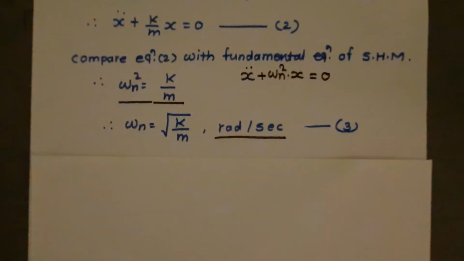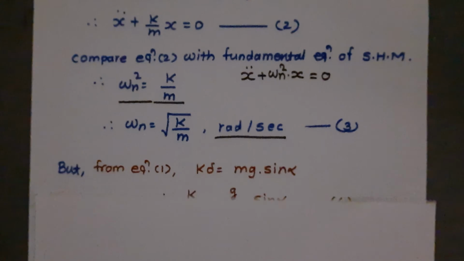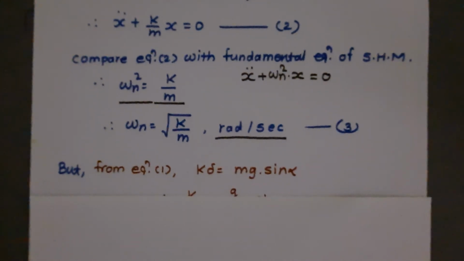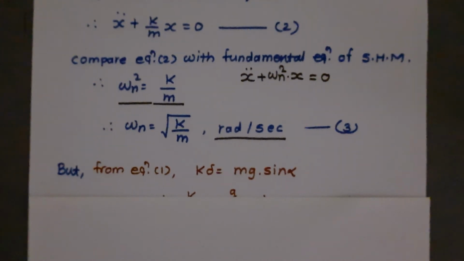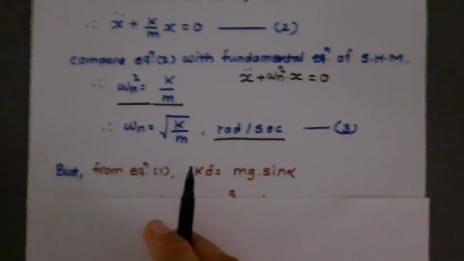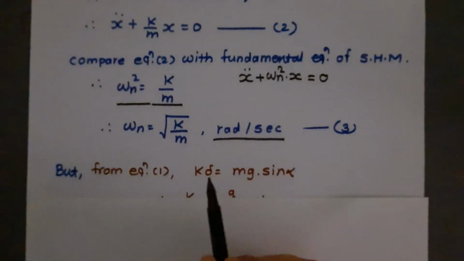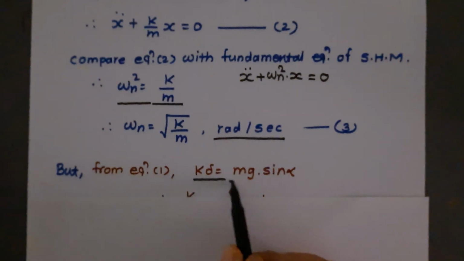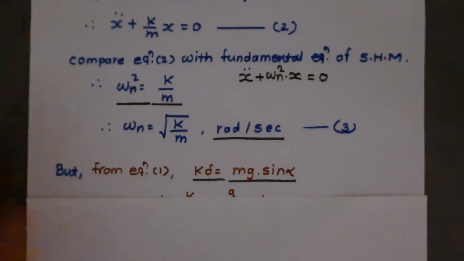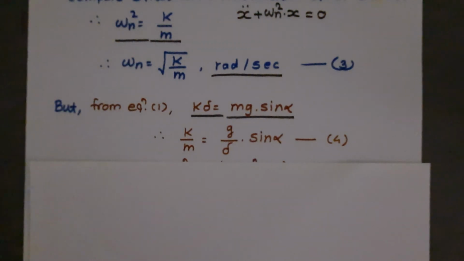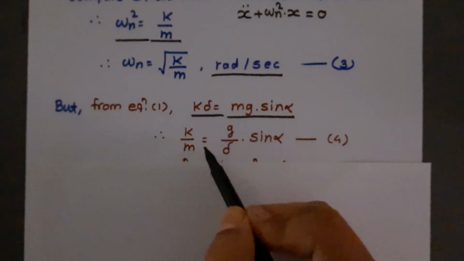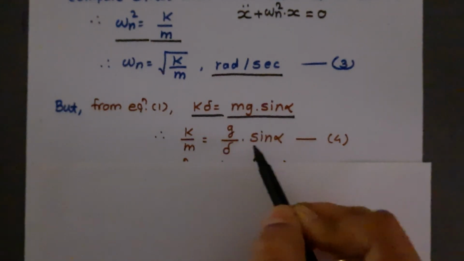Now as we know the circular natural frequency equation, we have to solve this equation further. Observe in equation number 1, what is given? We have k delta is equal to mg sin alpha. So I am going to rearrange the terms. Here k divided by m is equal to g upon delta into sin alpha.